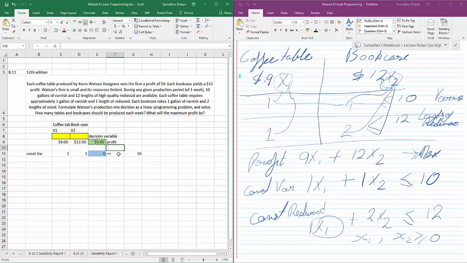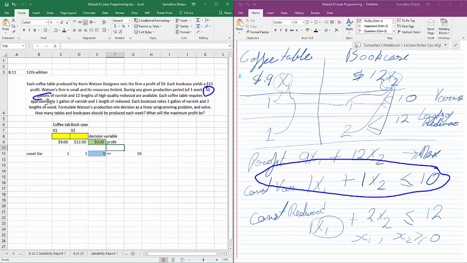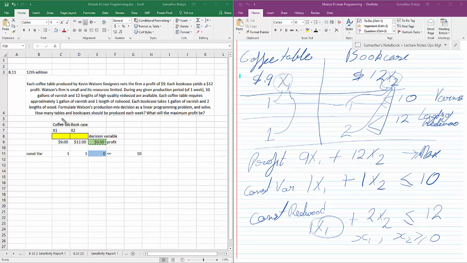Okay, this is the same as the information that we followed in here, and is also the same as here. So 10 gallons of varnish is available. Then we also have a constraint for redwood, such that it takes 1 gallon of varnish and 1 length of redwood.